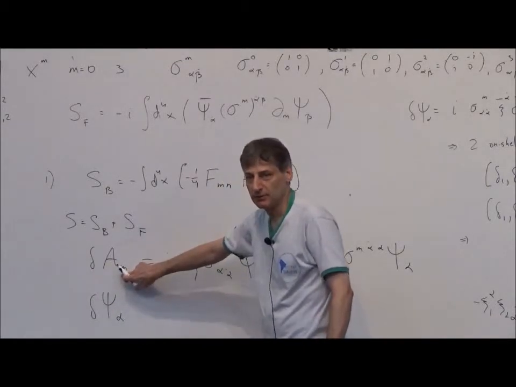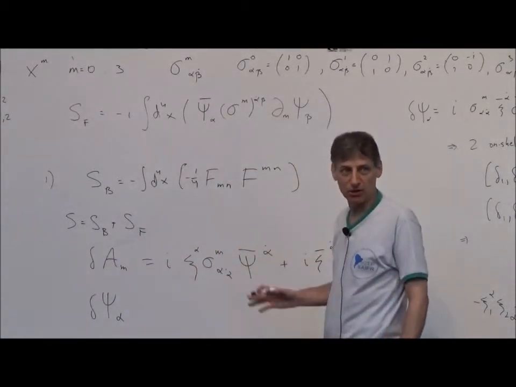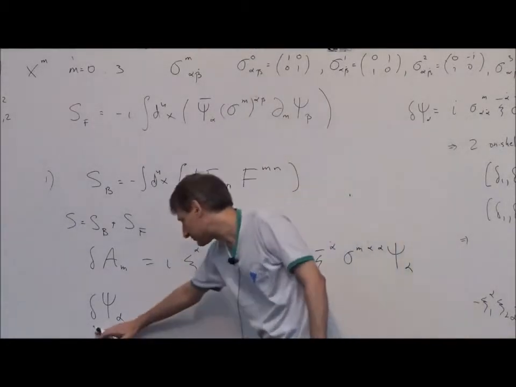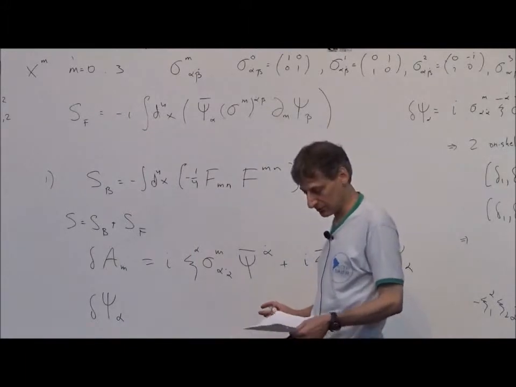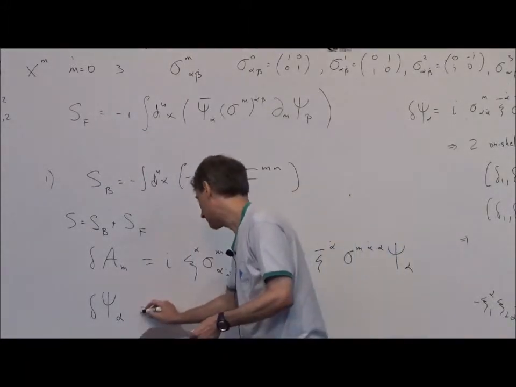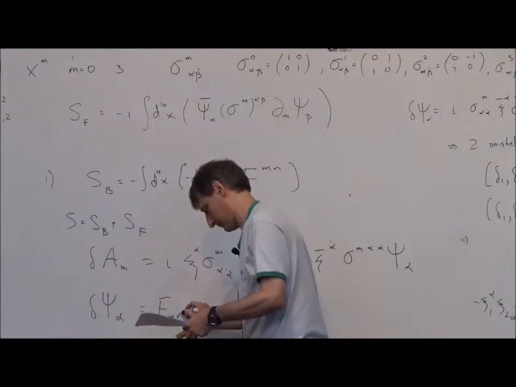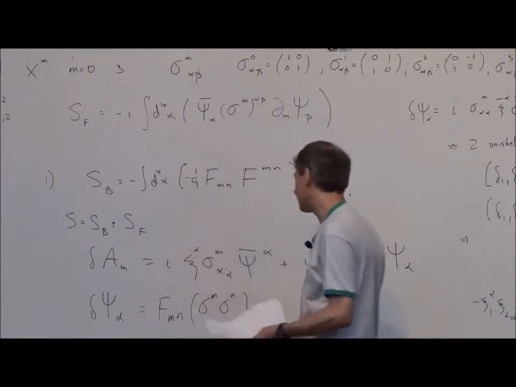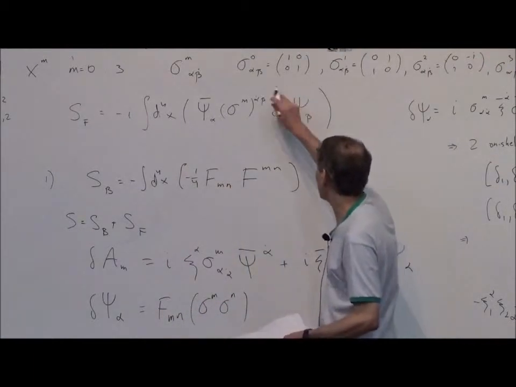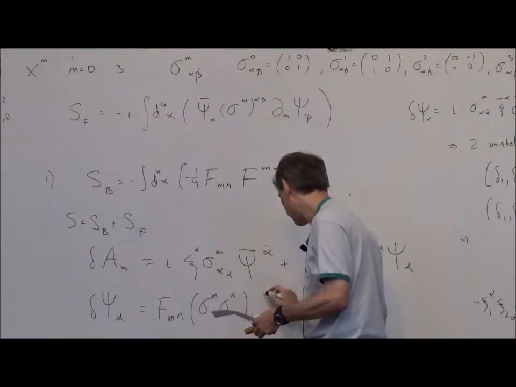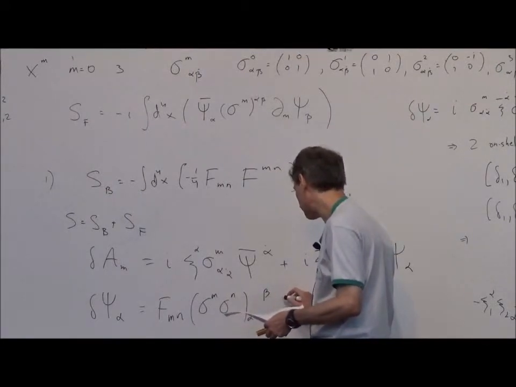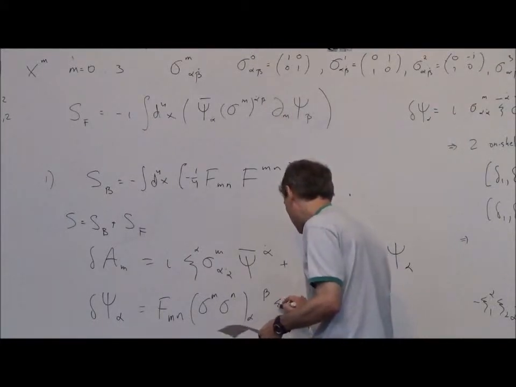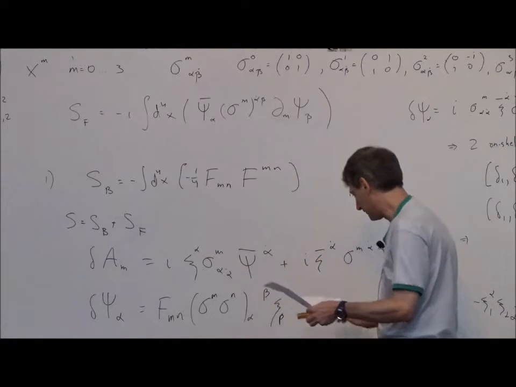So a gauge non-invariant object can transform into a gauge invariant object, but the converse cannot be true. A gauge invariant object has to transform into a gauge invariant object. So it has to transform into F_MN. The transformation is F_MN sigma^m sigma^n. So this is the product of 2 Pauli matrices. If you contract the dotted index, this has a structure of this type times psi beta, times xi beta. And the other one is just a complex number.